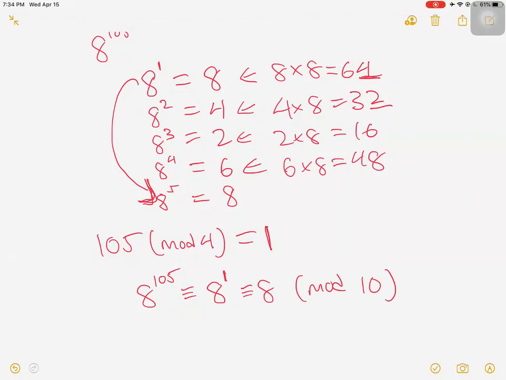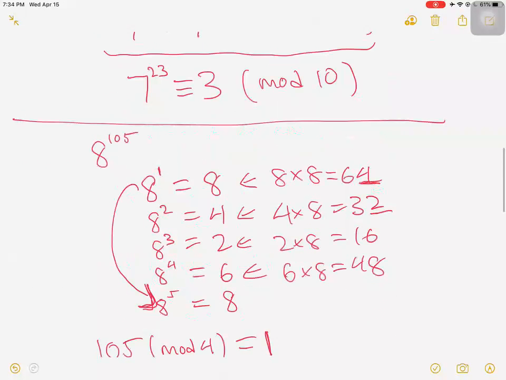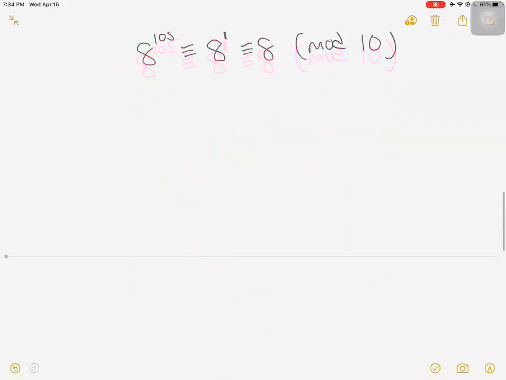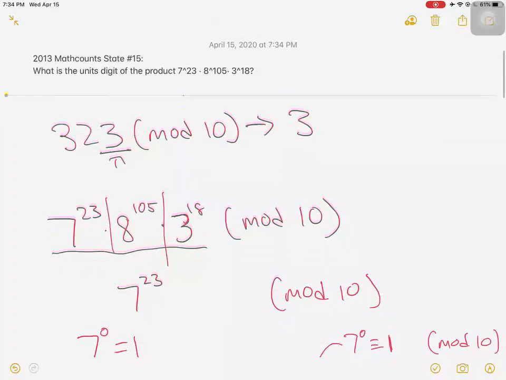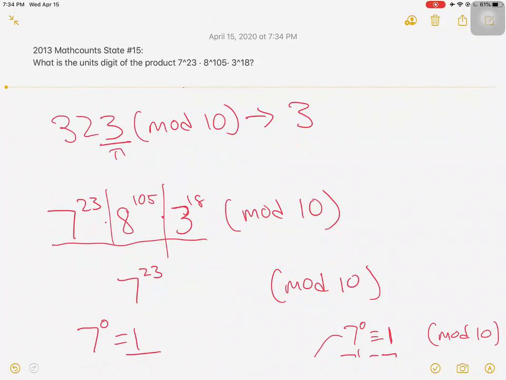Okay, a lot of people are forgetting the question, so I'll go back to the question really quick. It's just find the units digit of this fancy product.